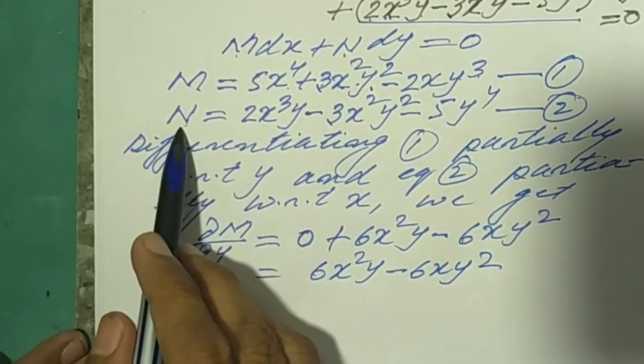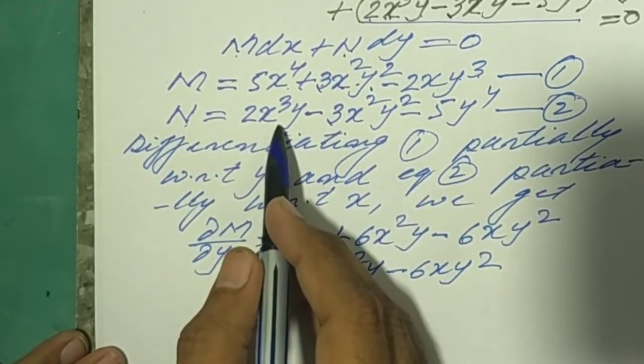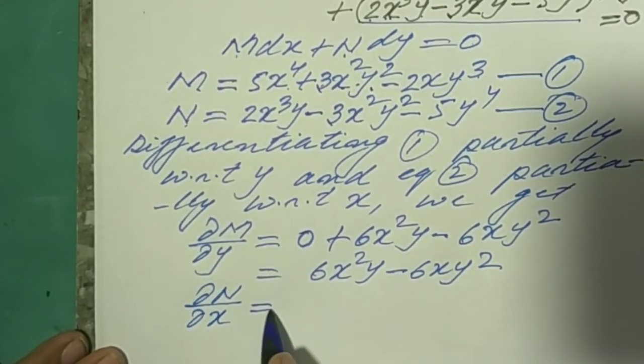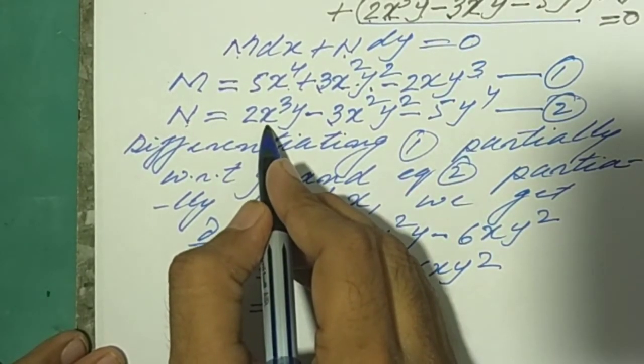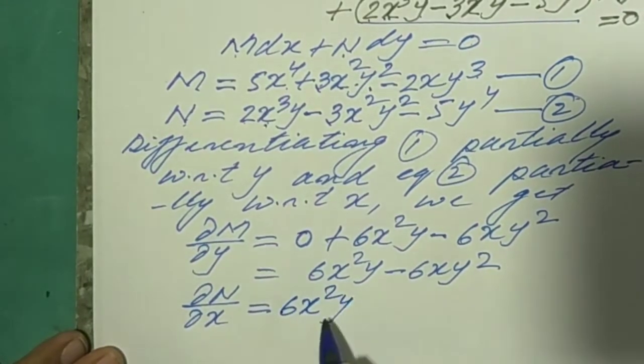Now if we differentiate equation number 2 partially with respect to x, now y is considered to be constant, so del N over del x is equal to, in the first term if we differentiate x cube, we get 3x square, 3 times 2 is 6x square y.